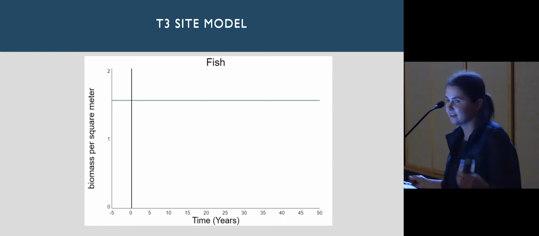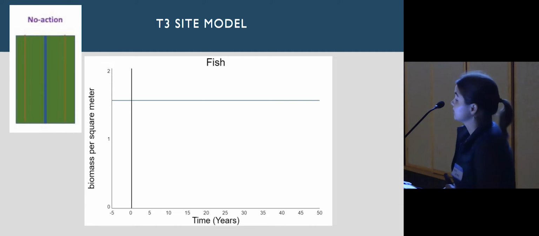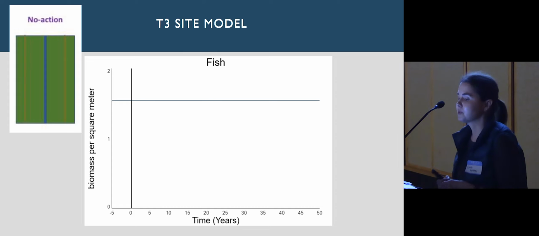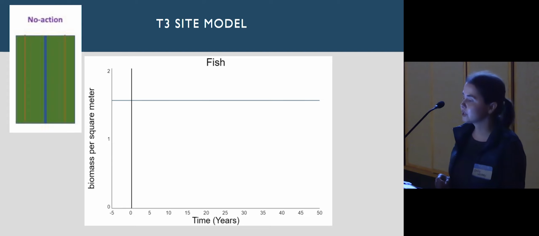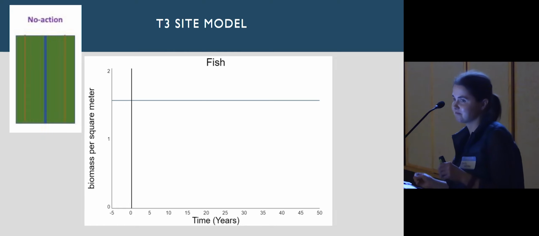We have a straight line going all the way across, plotting average annual fish biomass. Because there's no change between our before and after treatment implementation, essentially what this is representing is our no treatment condition, that we don't expect there to be any differences between our pre-treatment implementation and our post-treatment implementation as a result of that treatment.